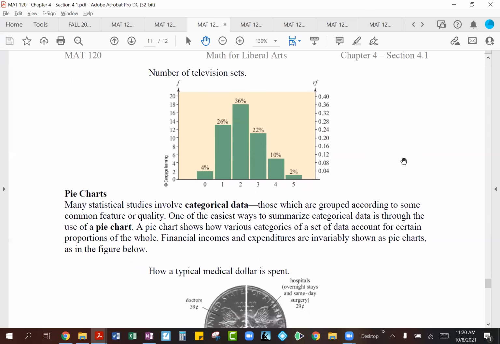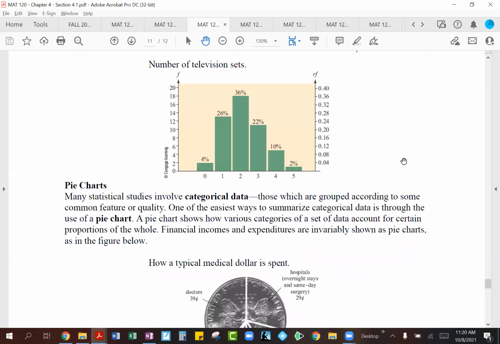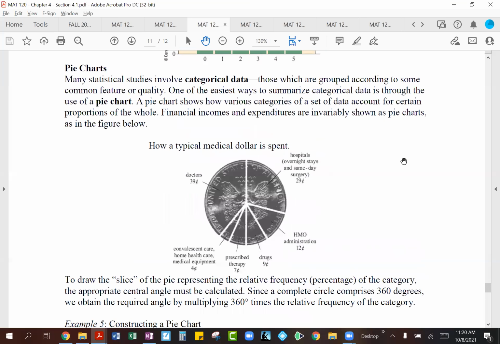So histograms can be for grouped data, but a histogram can also be used for single data values like we saw in this example. Now, one of the other graphical representations that we use is a pie chart. This one mainly can be used for categorical data.